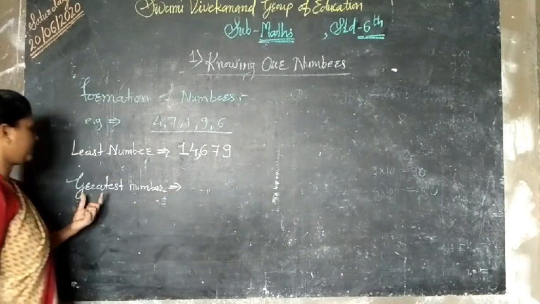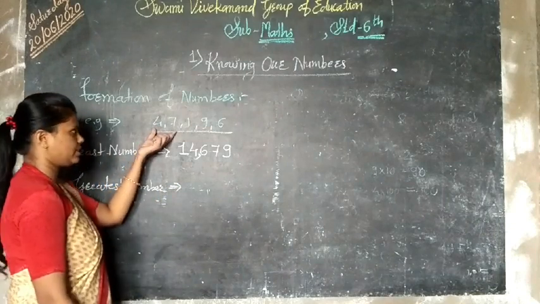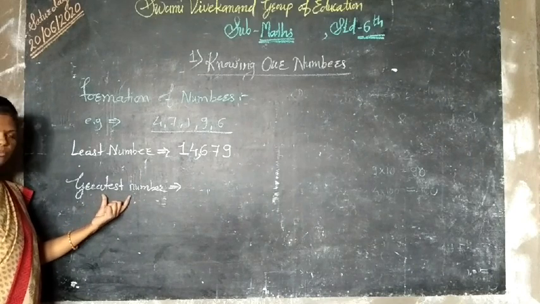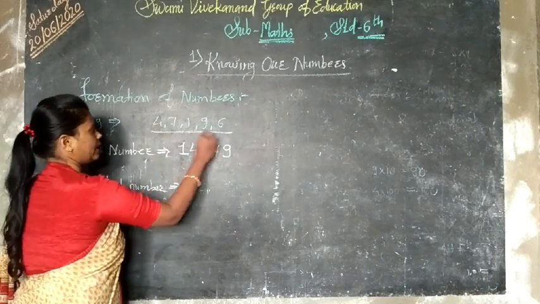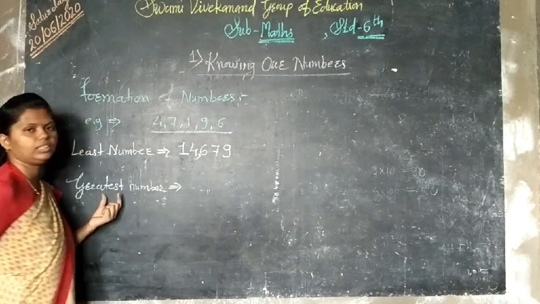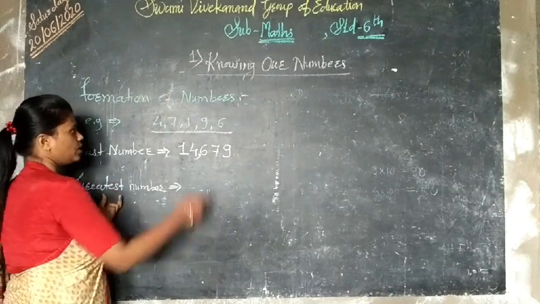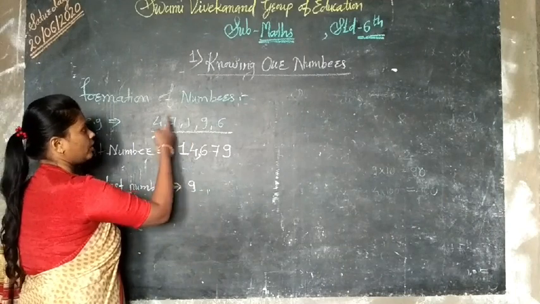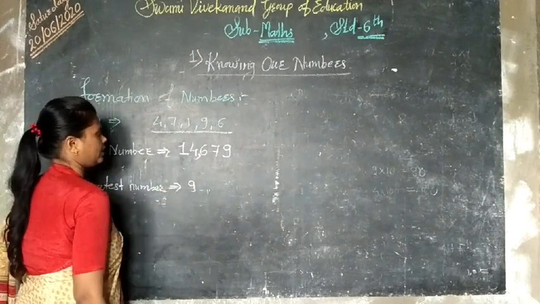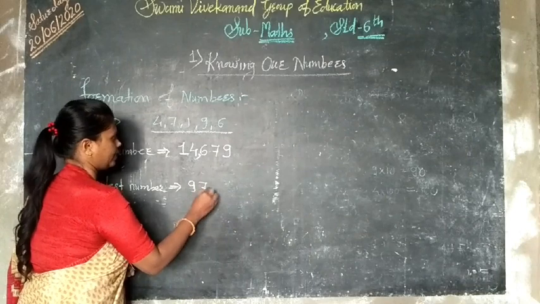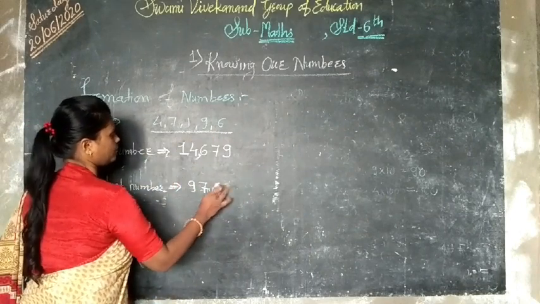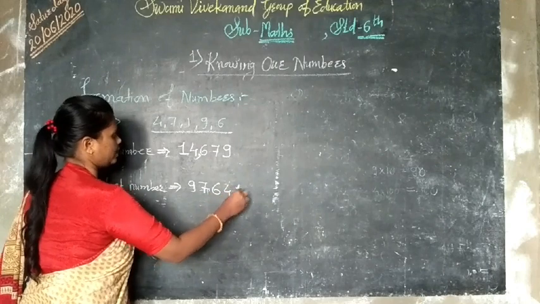Now you have to find a greatest number from the same digits. Whenever you are forming the greatest number, find out the greatest digit within the given digits provided to you. So the greatest digit is 9. Put it at the first, and the leftover digits you have to arrange according to their descending order. 9, then 6, 4, at last it is 1.